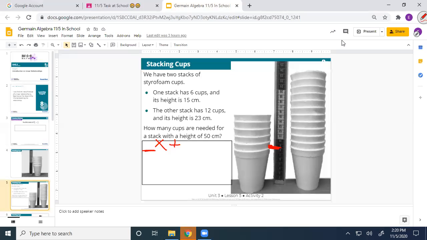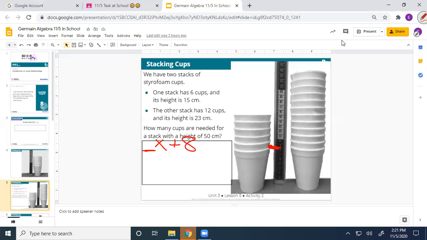So looking in your text, how tall is 1 cup going to be, Haley? Jessica. 8 centimeters, yes.